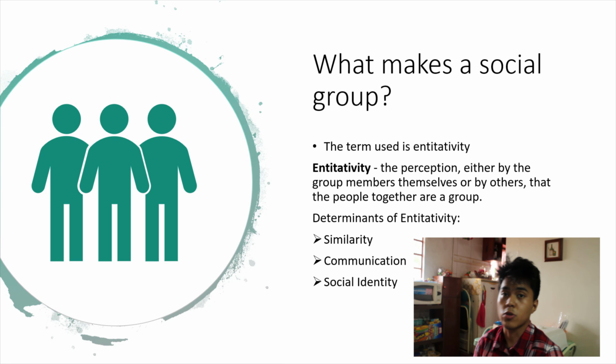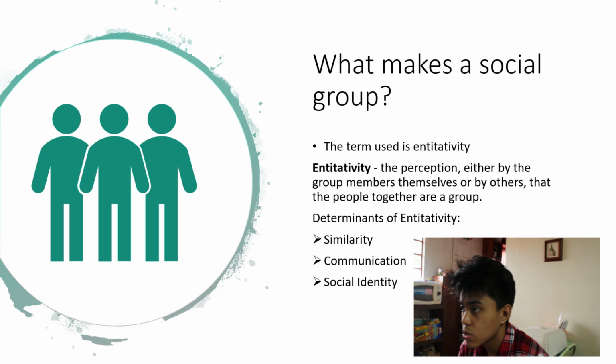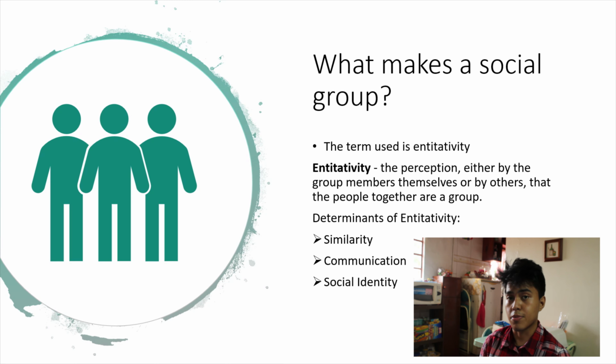So what makes a social group? The term is entitativity. Entitativity is the perception, either by the group members themselves or by others, that the people are together in a group. The determinants of entitativity are three: similarity, communication, and social identity. For a social group to form, you need similar ideas and hobbies.